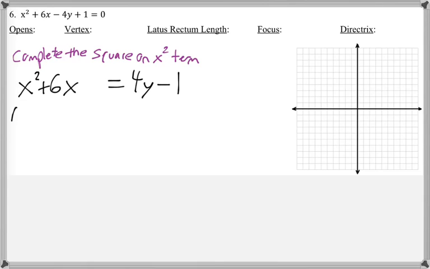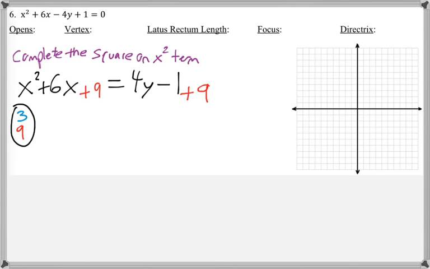Okay, so to complete the square, I need to take half of my coefficient of my x. So half of 6 is 3. And then if I square this, I get 9. And that number I want to add to both sides.